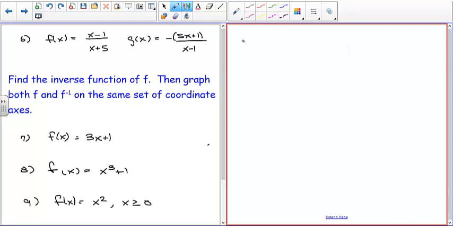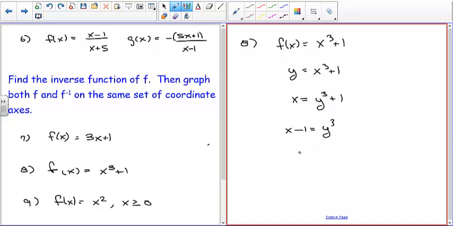Number 8, f of x equals x cubed plus 1. So we're going to say y equals x cubed plus 1. Switch, y becomes x becomes y. Solve for y, so subtract 1 from both sides. Let's go ahead and switch them now.